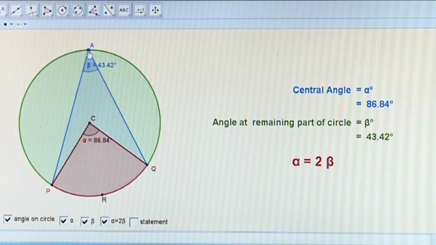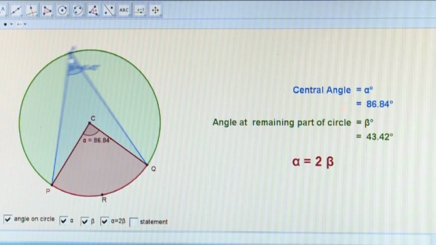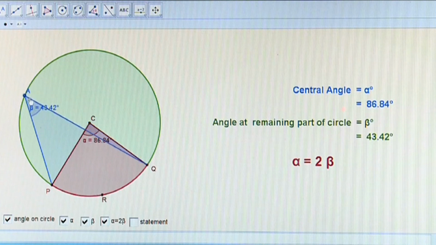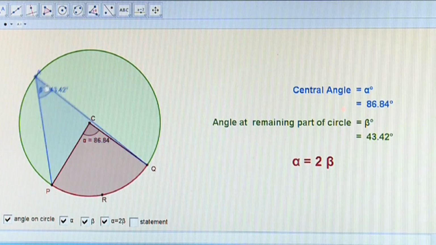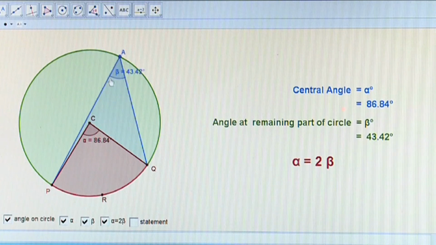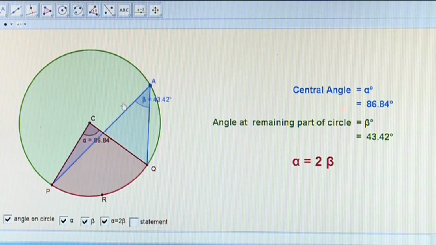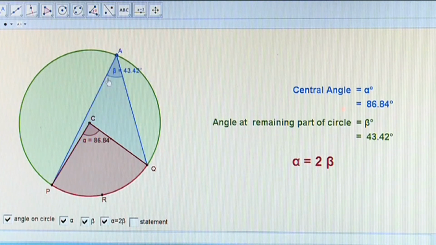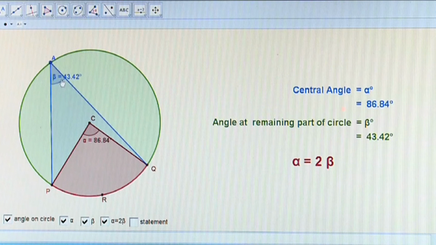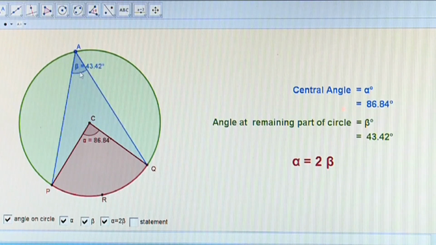Now, let me move the position of point A on the remaining part. See, the point A is moving, but the measure of inscribed angle is not changing. It is always the half of the central angle.